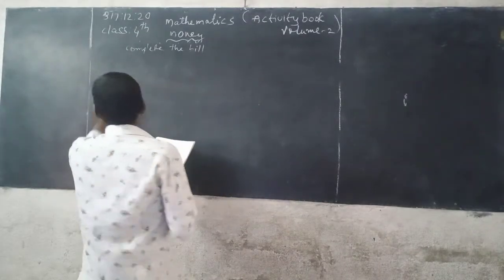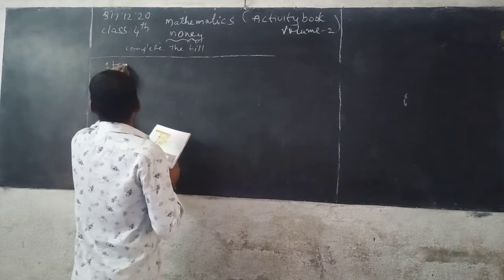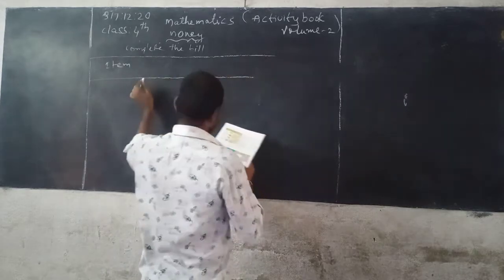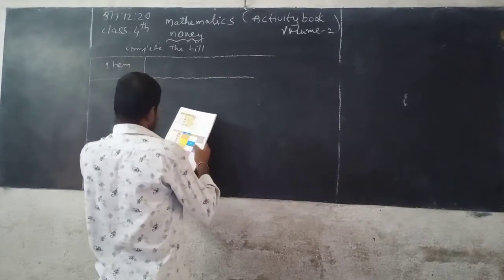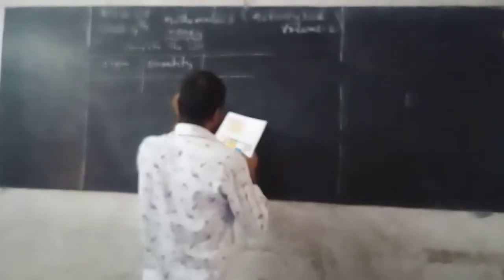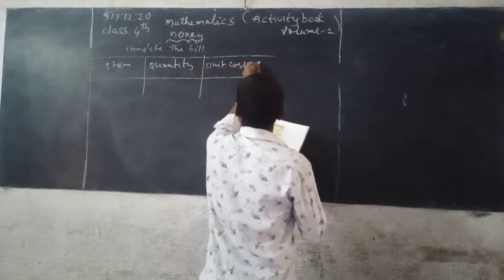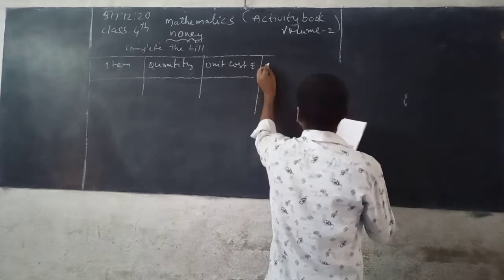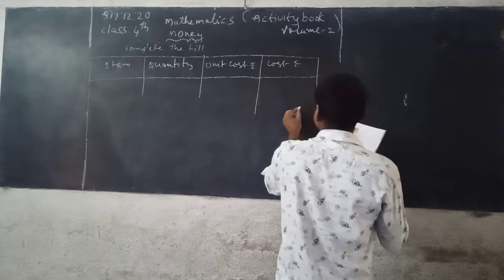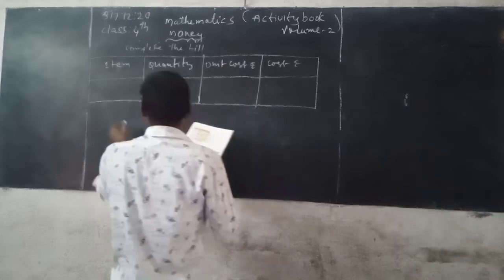See here. Item. Next quantity. Next unit cost, rupees. Next cost. So first one, write down. Shirt.